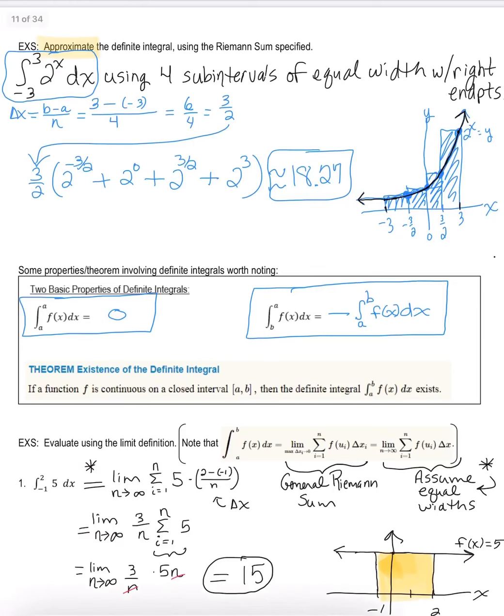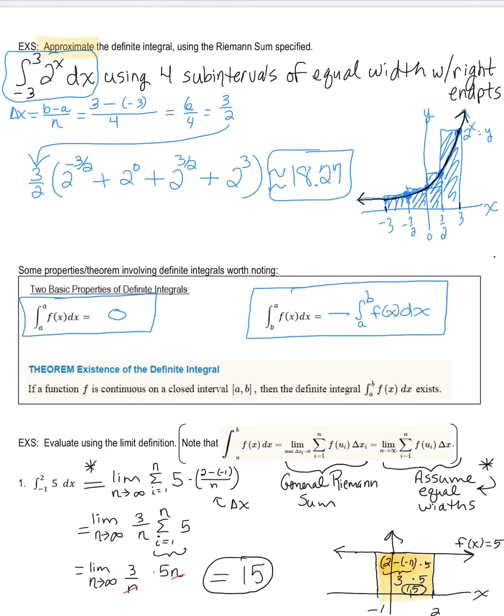The area of that rectangle is quite simply going to be 2 minus -1, which gives us the width of this rectangle, and then times the height of the rectangle, which was 5. And of course that's where we ended up with the 15. So this leads us to a little observation.